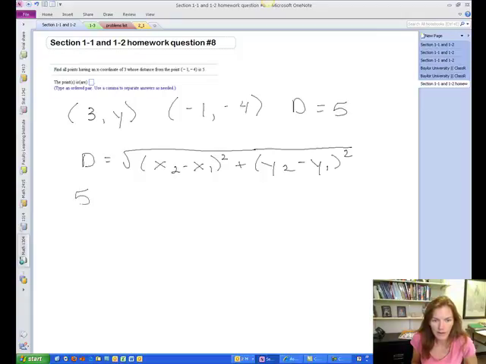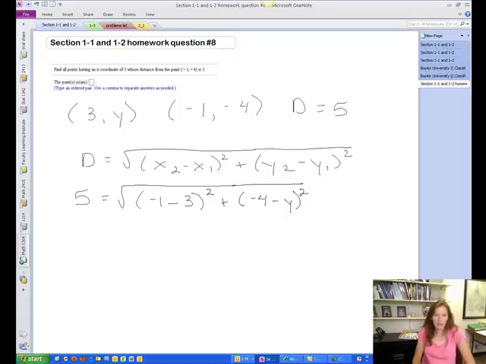We have d is 5. Our x2 we can say is -1, so this is -1 minus x1, which is the 3. So (-1 minus 3) quantity squared plus y2, which is -4 minus y, quantity squared.